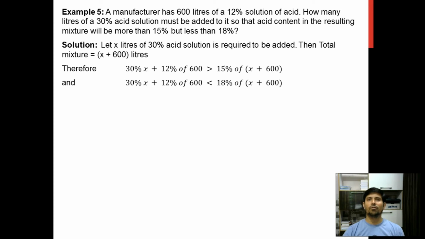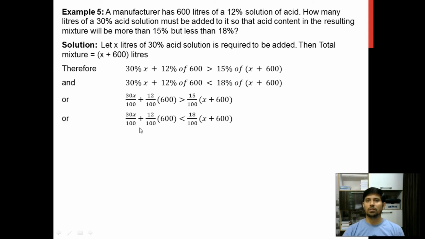In the first step, 30% means 30 upon 100 x, plus 12% means 12 upon 100 into 600, is greater than 15% means 15 upon 100 into x plus 600. Similarly for the second inequality, 30x upon 100 plus 12 upon 100 into 600 is less than 18%, which means 18 upon 100 into x plus 600.